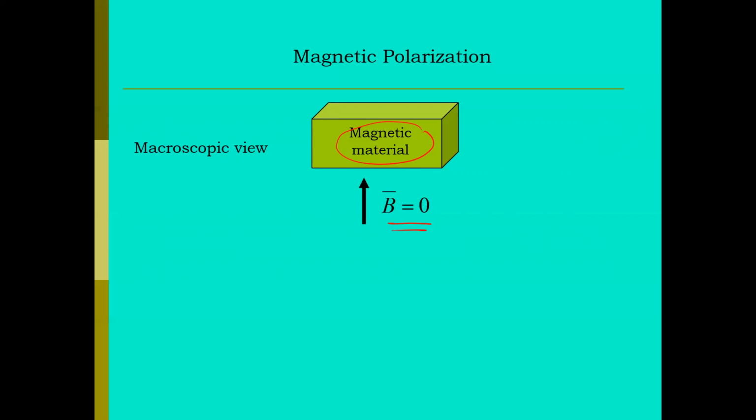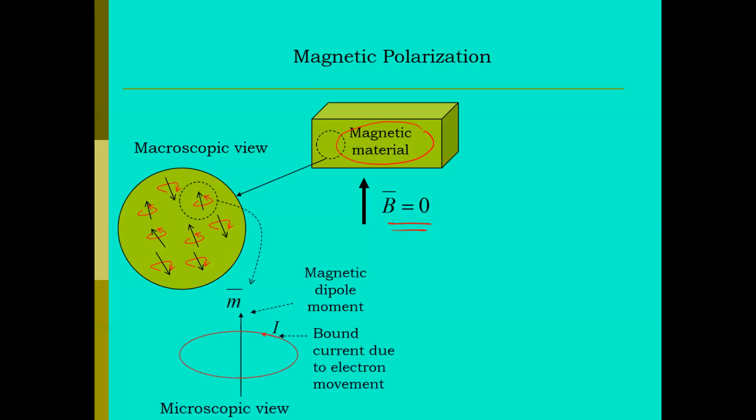We can then view the material in two different views, a macroscopic view and a microscopic view. These are the common views we look at for this magnetic material. We're going to start with the microscopic view here, whereby we can see what happens in one atom.